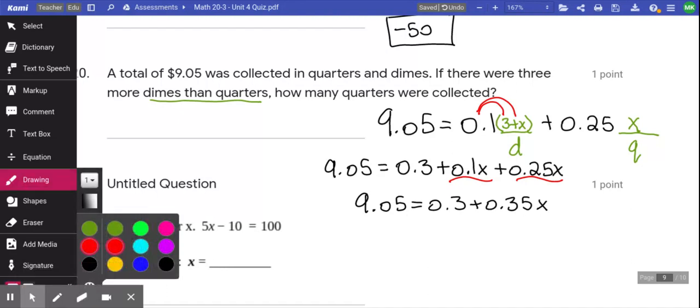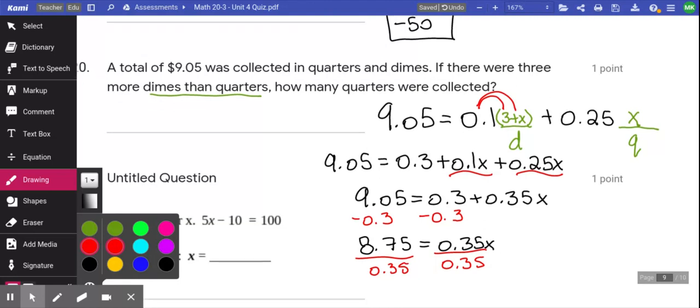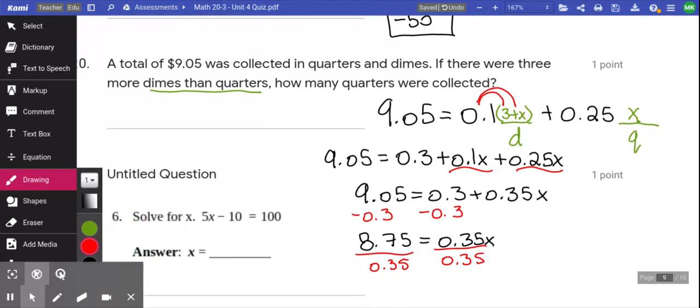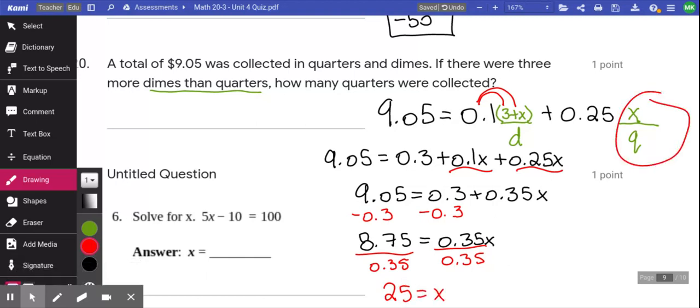I then go ahead and start solving by minusing my 0.3 from one side to the other. That would give me 8.75 equals 0.35x. Then I divide by 0.35. And that will tell me that I have x equals 25. Remember, x was our quarters, so that means my answer is 25. I have 25 quarters.